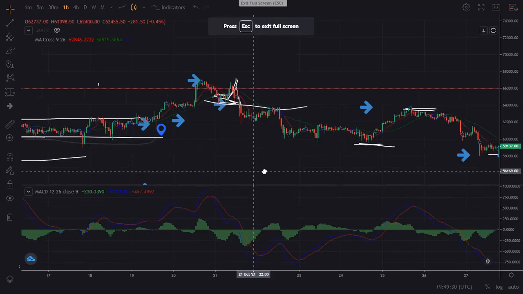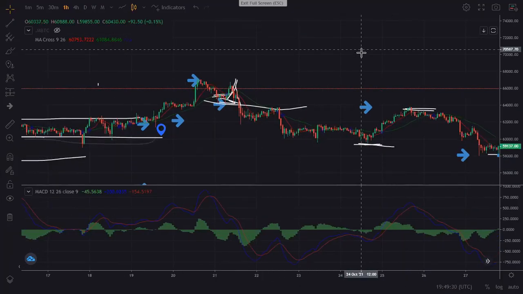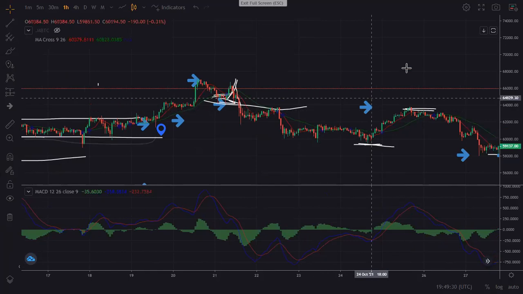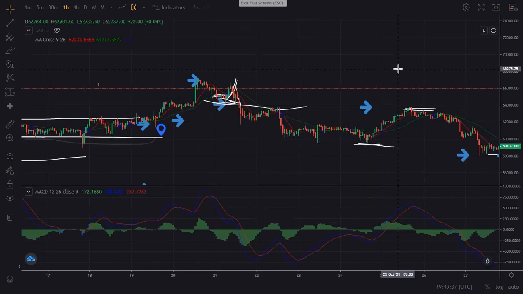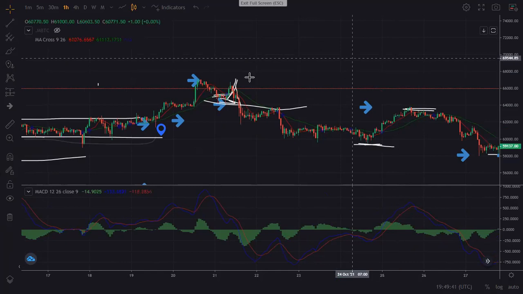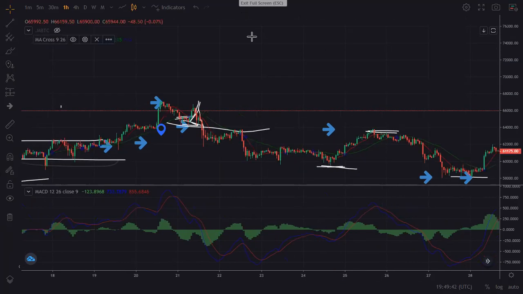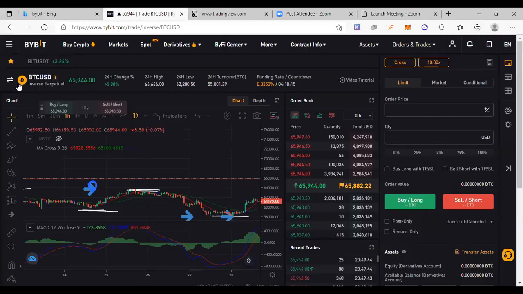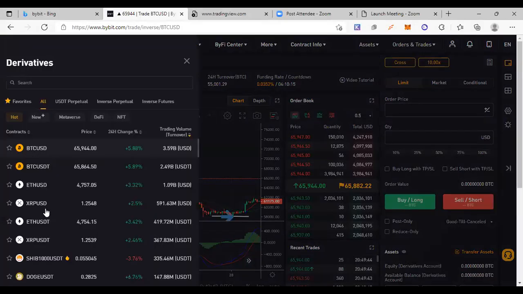So that's the advantage of you being a future trader and also a spot trader at the same time. Now let's just change the currency pair. What we used was BTC USDT.